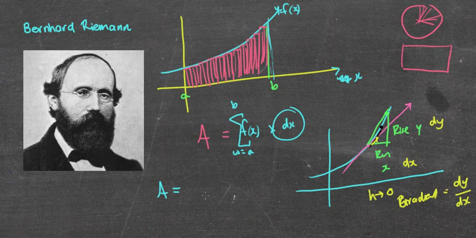Sigma was used because S meant sum. So what can we use for a symbol? He went for a very big S, which is what we now call the integral sign. It's our S sign, the sum of our height times the width, f of x dx, from the point a to the point b, because obviously you need a starting point and a finishing point.